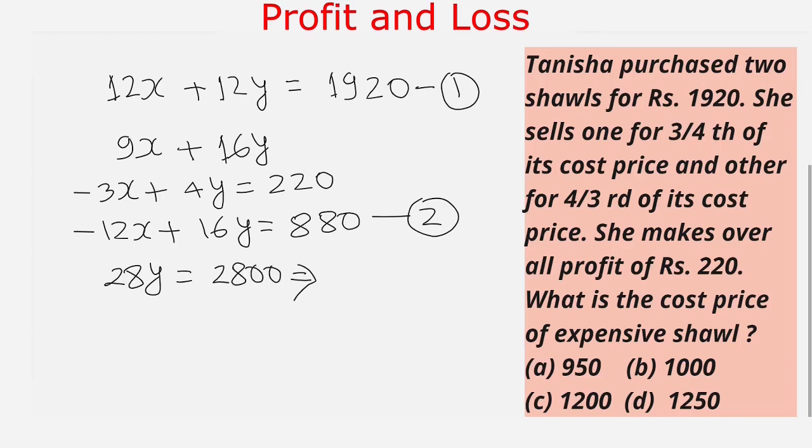Therefore the cost of second shawl, which is 12y: if 28y equal to 2800, then y equal to 100 and 12y equal to 1200. And cost of second shawl is 1200. When subtracted from 1920, we get 12x equal to 720.